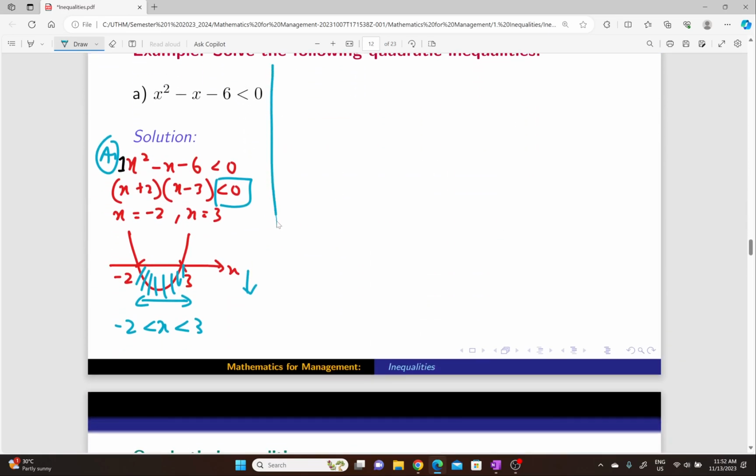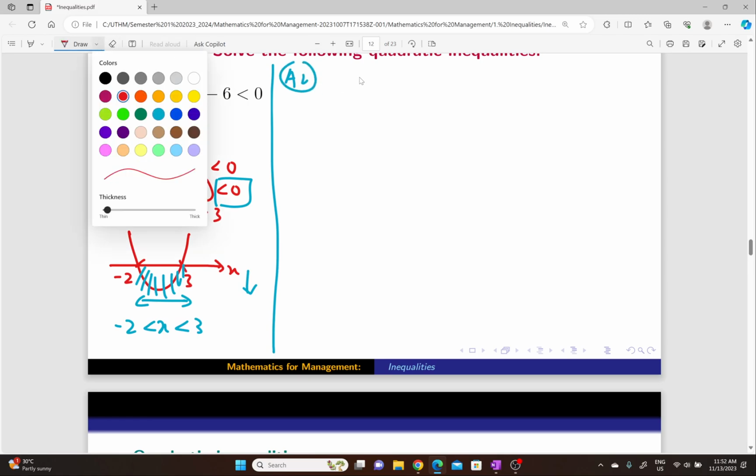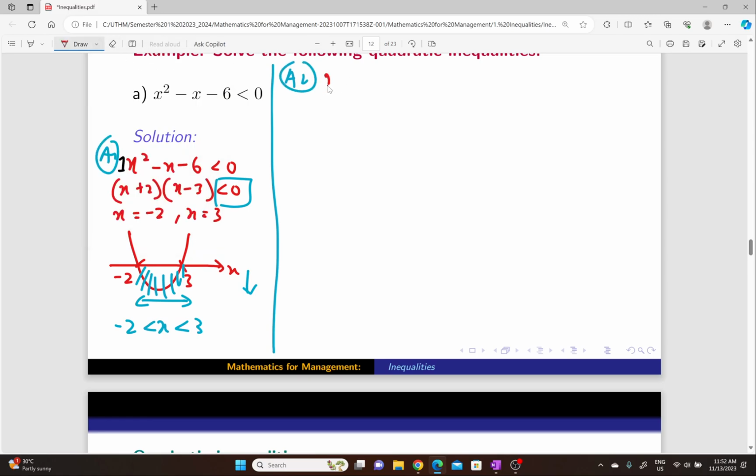For alternative 2, we factorize this. Okay, and then take one factor, always make it greater than 0. Even though it's here less than 0, this has nothing to do with this one. Always make it greater than 0.